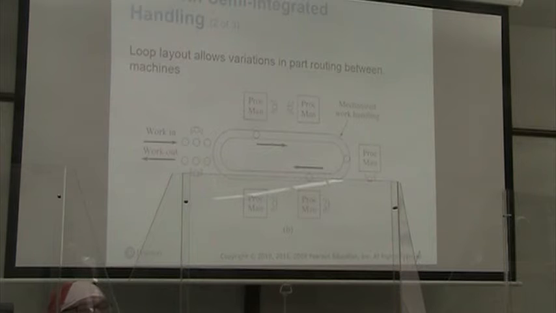Once again, we have mechanized work handling as far as the movement of the parts with manual processes.